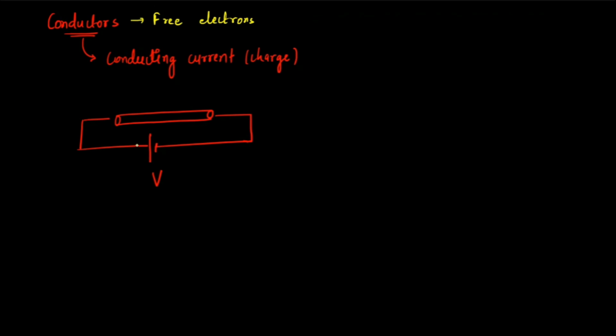What we observe here is that whatever current flows in the circuit is directly proportional to the potential of the battery we have connected. So we found that potential is directly proportional to the current. When we remove this proportionality, we get a constant known as the proportionality constant, and this is also known as resistance.